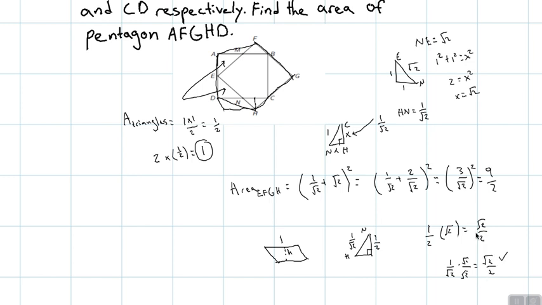Yes, okay, so that's correct. So this side length must be 1 over 2, and you can check that with the Pythagorean theorem. So therefore h is equal to 1/2.